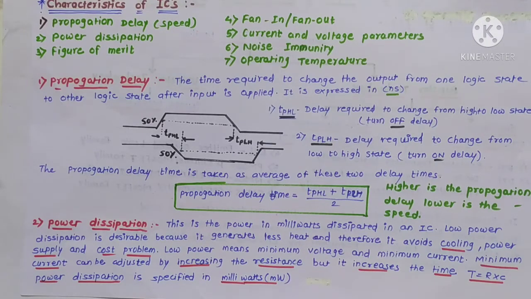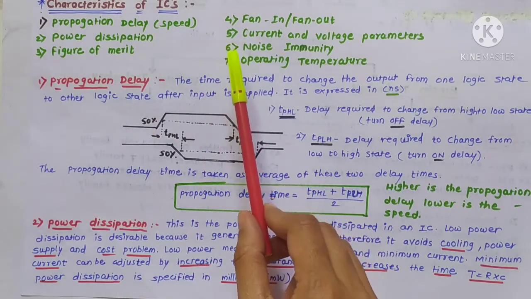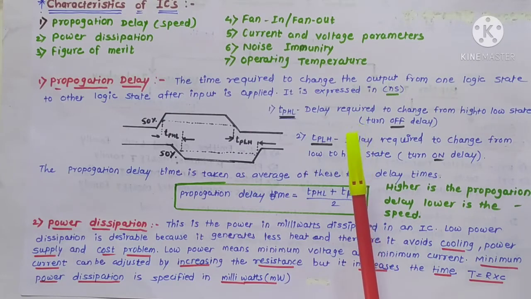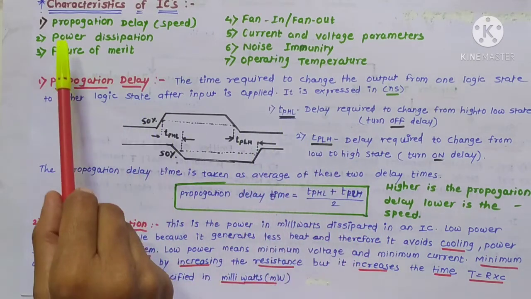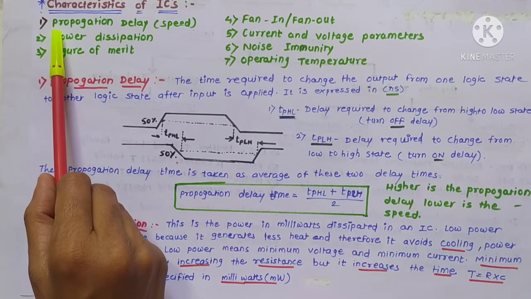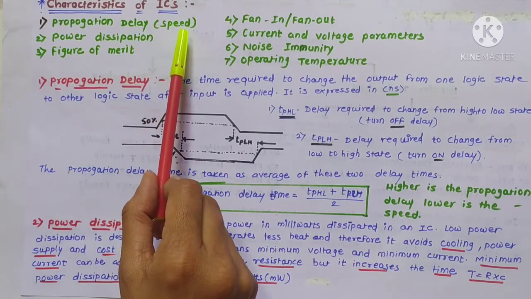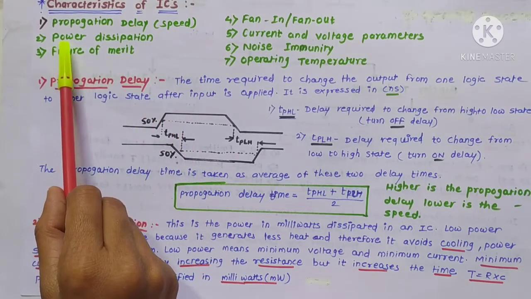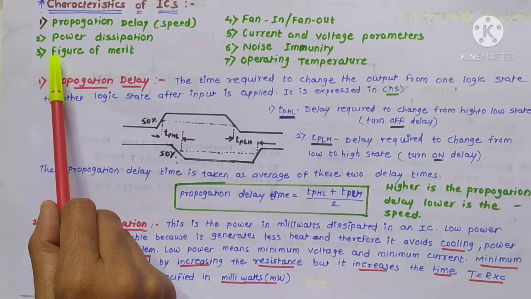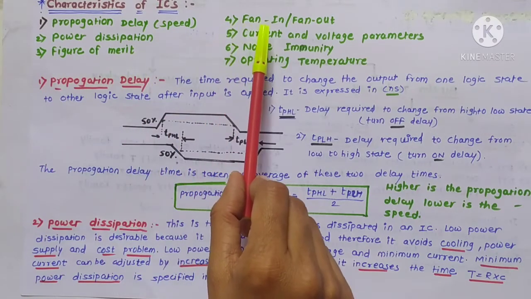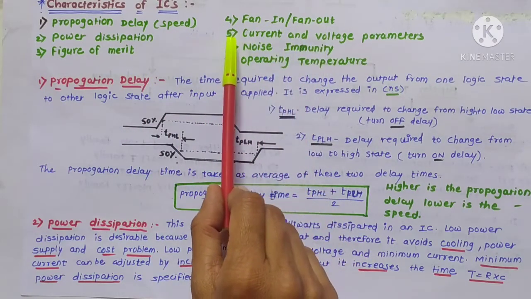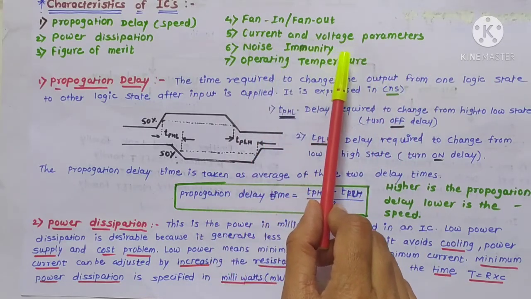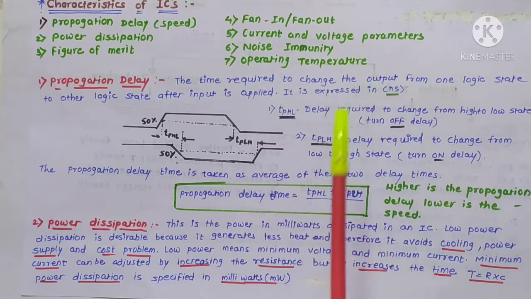The manufacturer specifies these characteristics in the manual so that the user can select the chip for a particular application. There are 7 main characteristics. First, propagation delay or speed or performance of the IC. Second, power dissipation. Third, figure of merit. Fourth, fan in, fan out. Fifth, current and voltage parameters. Sixth, noise immunity. Seventh, operating temperature.